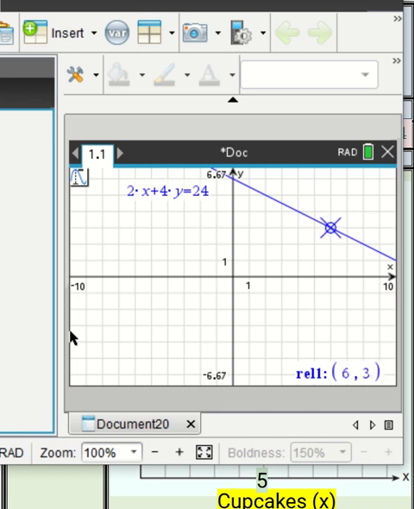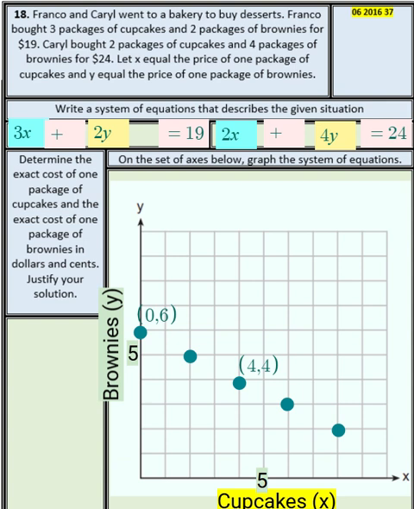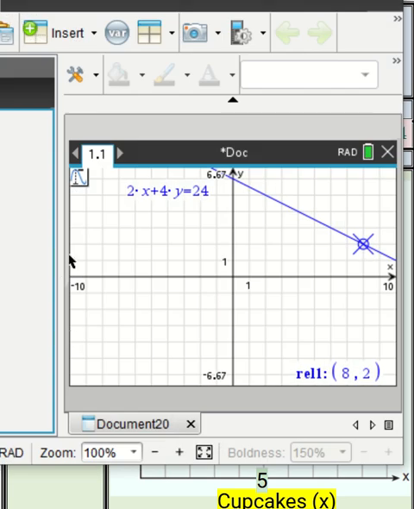I only want the lattice points, so 6, 3, 8, 2. Now, to finish it off, the very last point we're going to have is 10, 1. And I also want to make sure that that point is on my graph.